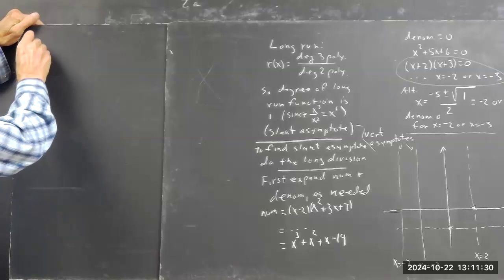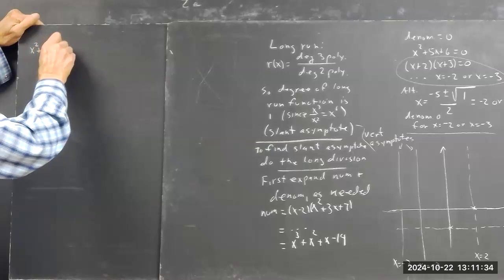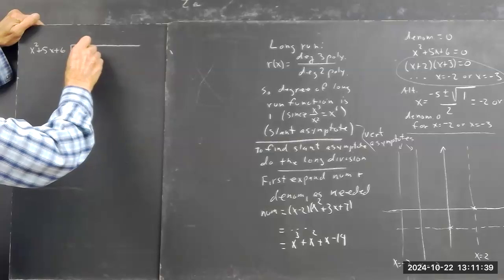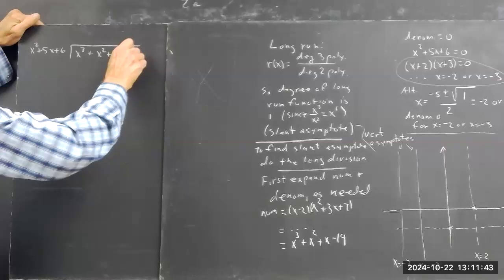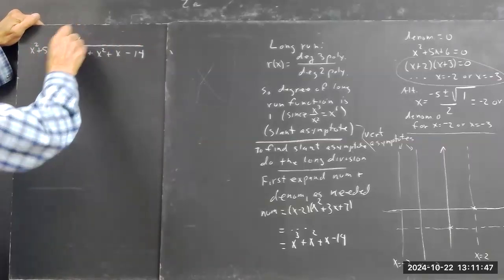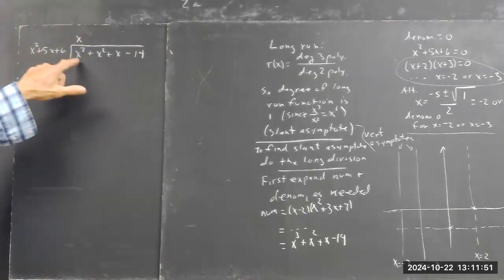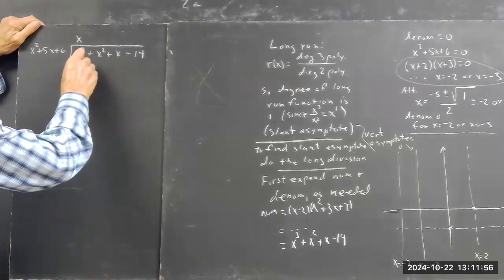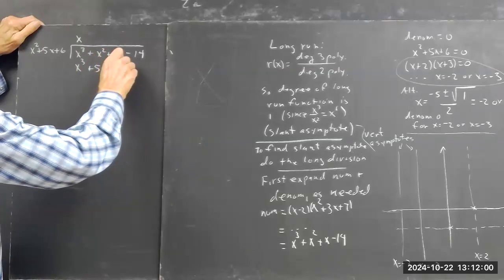Okay, we have x squared plus 5x plus 6 divided into x cubed plus x squared plus x minus 14. Well, we're going to have an x up here because that's the only way this times this is going to give us an x cubed. We have x cubed, then it's plus 5x squared plus 6x.